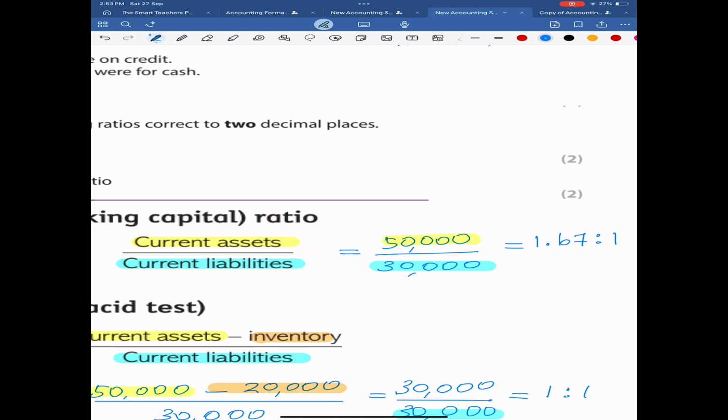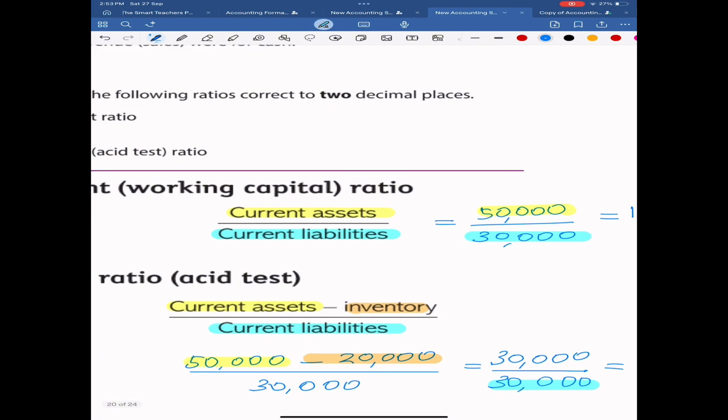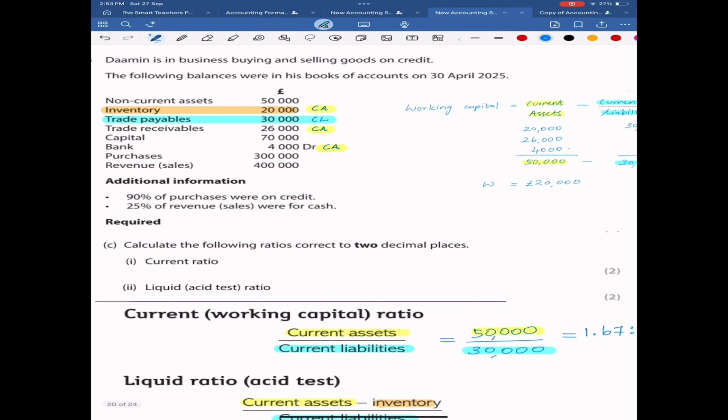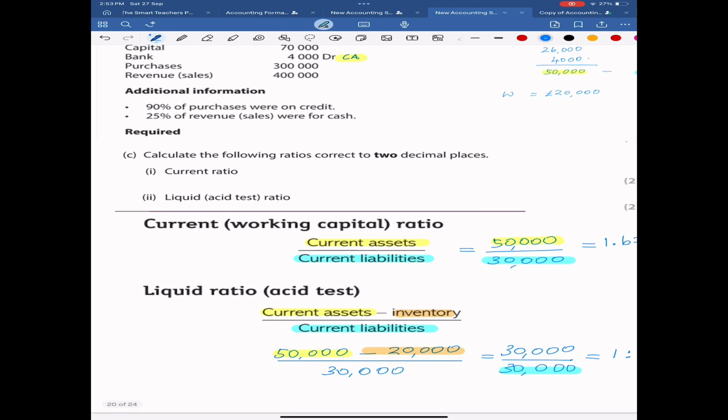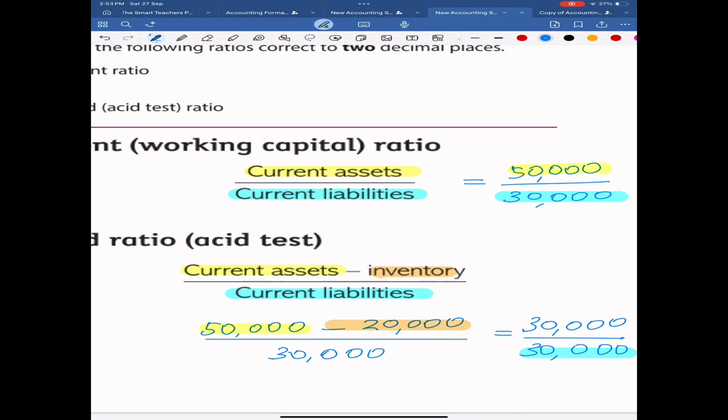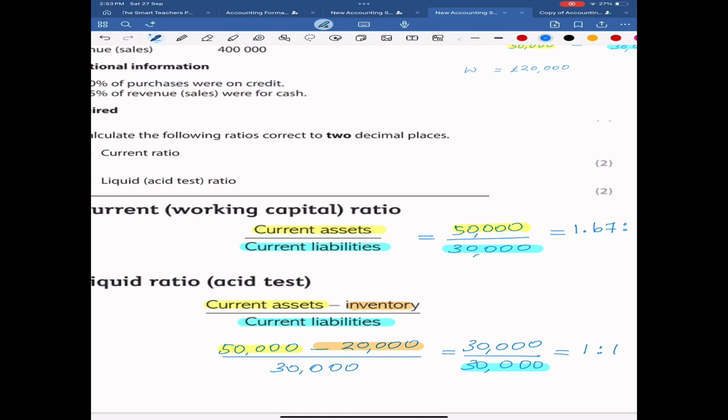Remember to show it as a ratio like this, 1.67:1. Liquid ratio: from the current assets, take away the closing inventory worth 20,000 divided by the current liabilities 30,000. Therefore, 30,000 divided by 30,000 should give you the answer of 1:1.